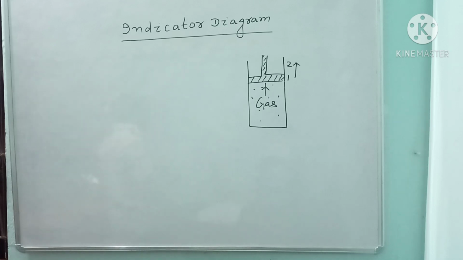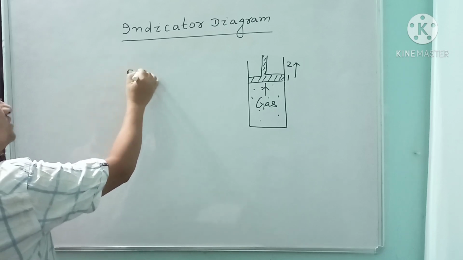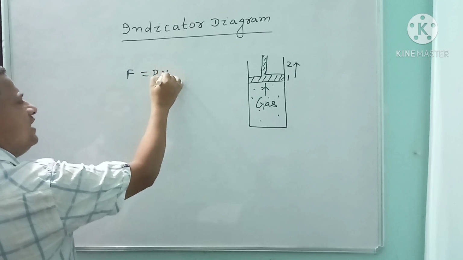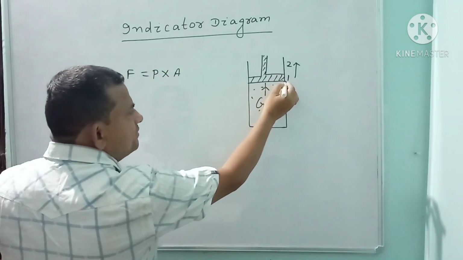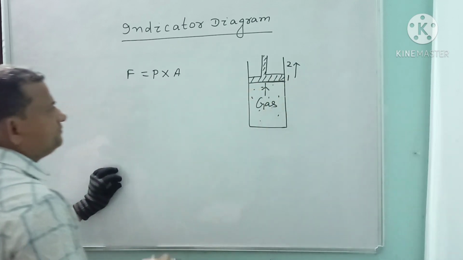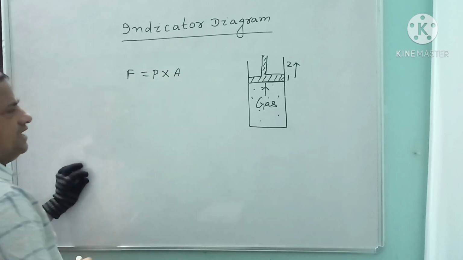So what is the work done involved? How to find out this? You know, force exerted on the piston is equal to pressure into area. This is the area of the piston. So F is equal to pressure into area.